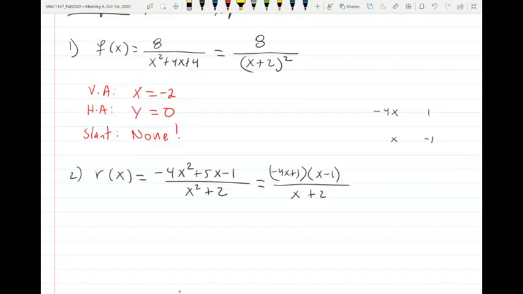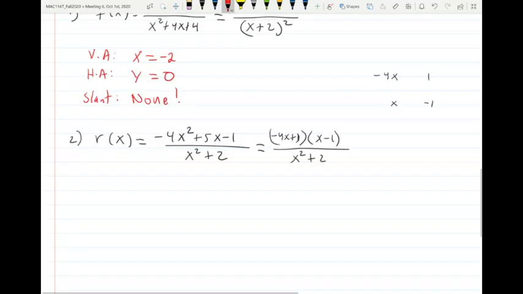Again, for the purpose of the question, it was not really necessary, but just in case, it's always good to make it a habit to factor the top, because you will need that when it comes to graphing anyways. All right, so let us answer the questions now. Vertical asymptotes, horizontal asymptotes, and slant. What's going on here? Do we have a vertical asymptote? And if we do, which one is it? Or what are they?